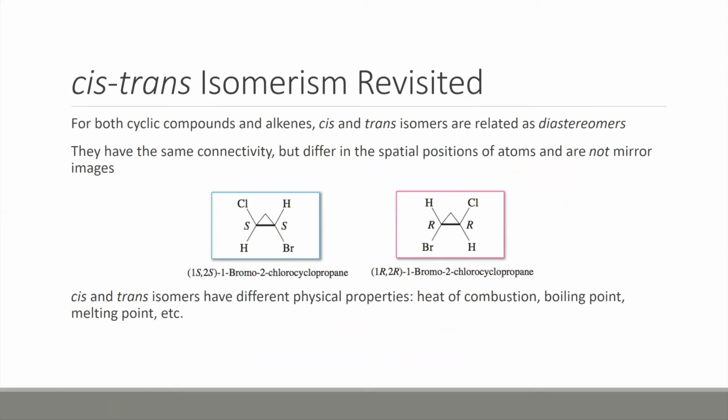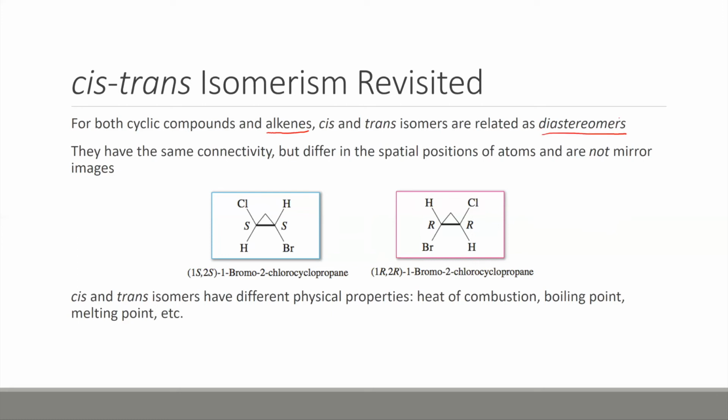So we talked about cis trans isomerization in the past, in particular in relation to rings, where you have these fixed ring systems. So for both cyclic compounds and alkenes, which we'll be talking about in the future, we did note that alkenes are molecules that have double bonds. Cis and trans isomers are related as diastereomers.